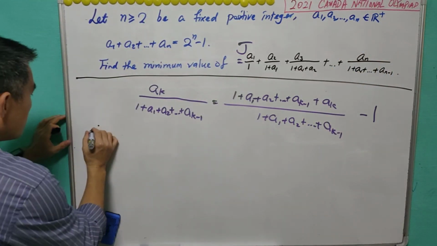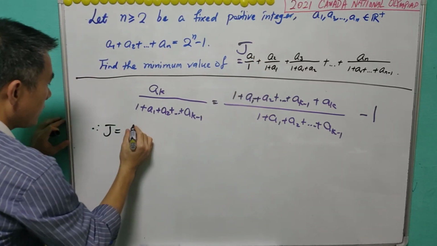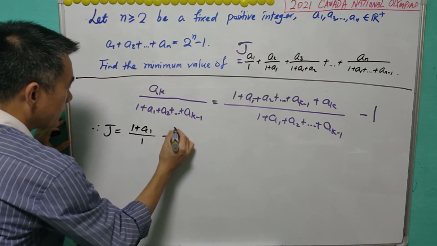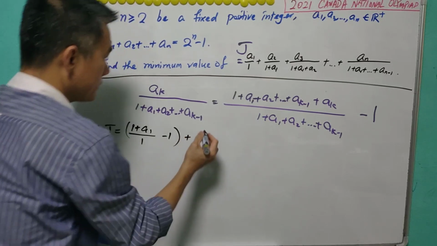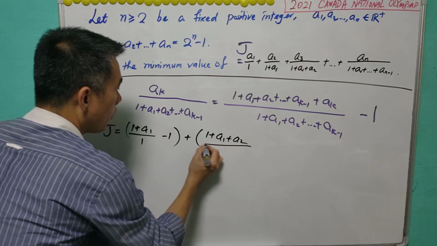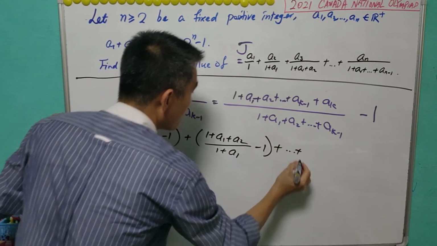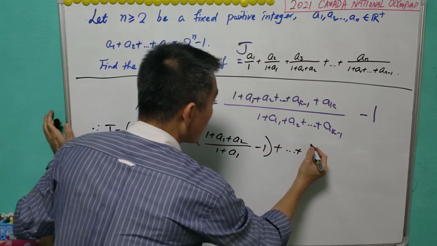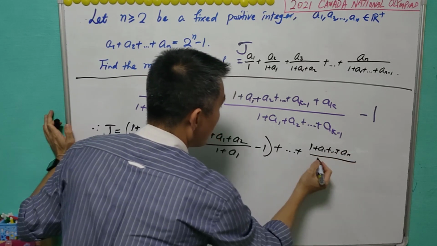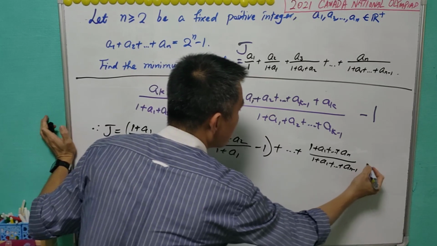So with this, J can be written as 1 plus a1 over 1 minus 1, plus 1 plus a1 plus a2 over 1 plus a1 minus 1, and all the way to 1 plus a1 all the way to an over 1 plus a1 all the way to an minus 1, minus 1.